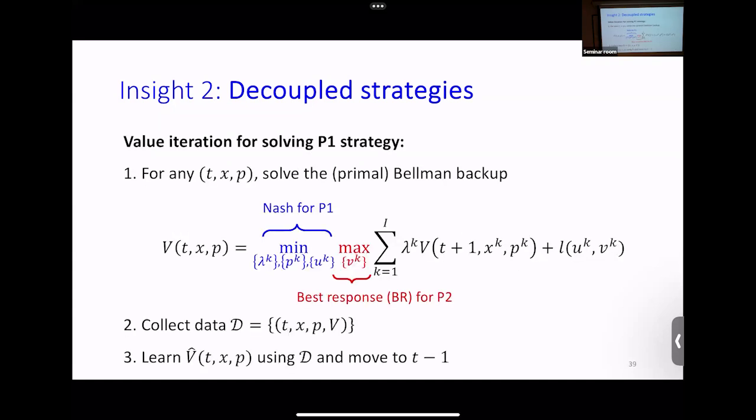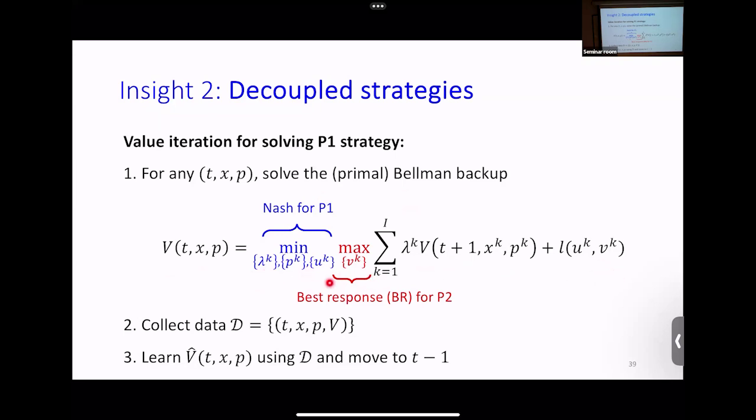Okay, so I will skip some details and directly look at the algorithm for solving the strategy for player 1. Eventually it will be some sort of Bellman backup, just like in reinforcement learning. You will have the current value, which is something about your future value, the value of the next time step, if you discretize time.